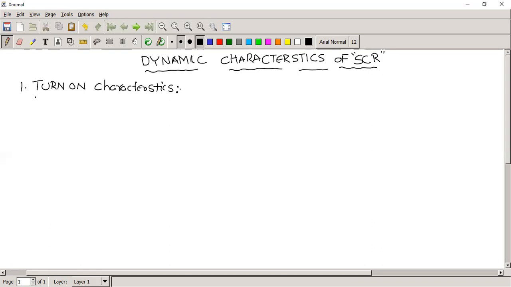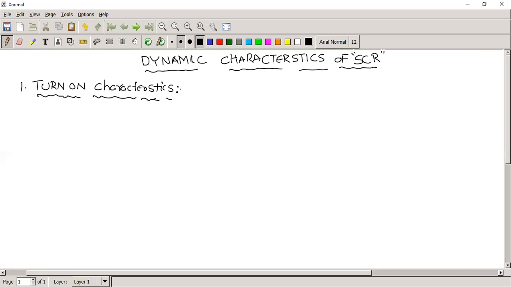The second one is the turn off characteristics that we're going to see later. If we compare these two characteristics, turn on characteristics as well as turn off characteristics, then the dynamic characteristics of the SCR is over. So now come to the point, turn on characteristics.